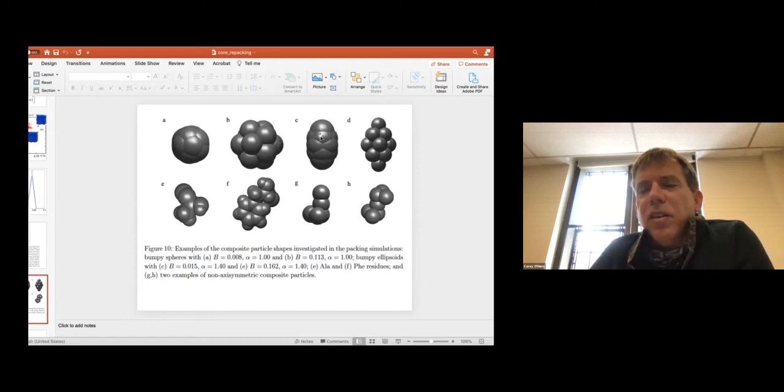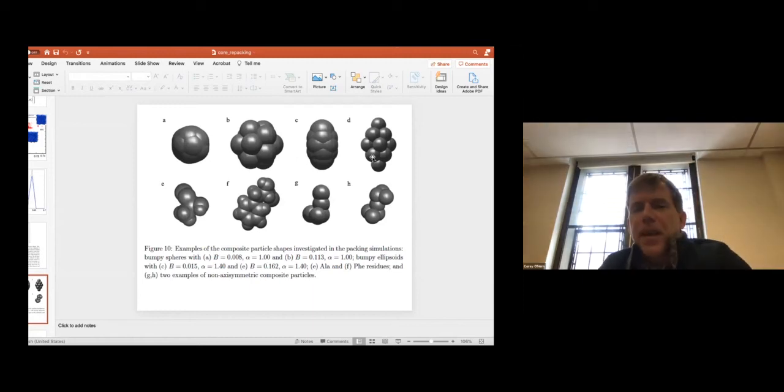C is a relatively smooth ellipsoidal particle, and then in D, I have the very bumpy ellipsoid. And then E, F, G, and H are particular realizations of amino acids, and you see that indeed they are very bumpy and are reminiscent of the bumpy structures in the row above.